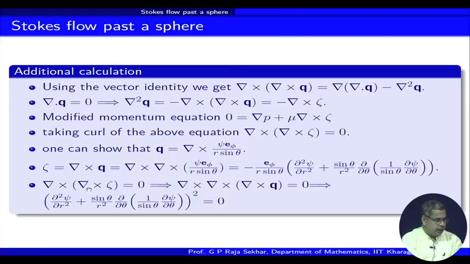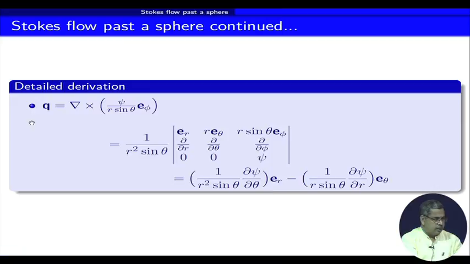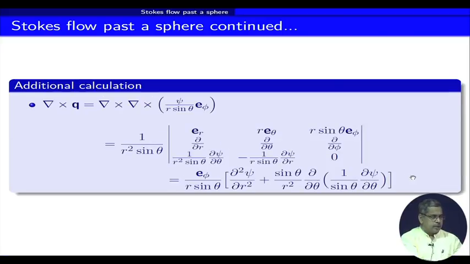So, we take another curl and equate to 0, and we exactly get E squared of E squared psi is 0. So, this is a very simple approach via the vector equation, and anybody can see you exactly get the stream function equation. These are some simple things I thought I would show you in compact form, but you can verify. Similarly, curl q can also be calculated, and you almost get E squared. So, this will give you Stokes flow past a sphere.